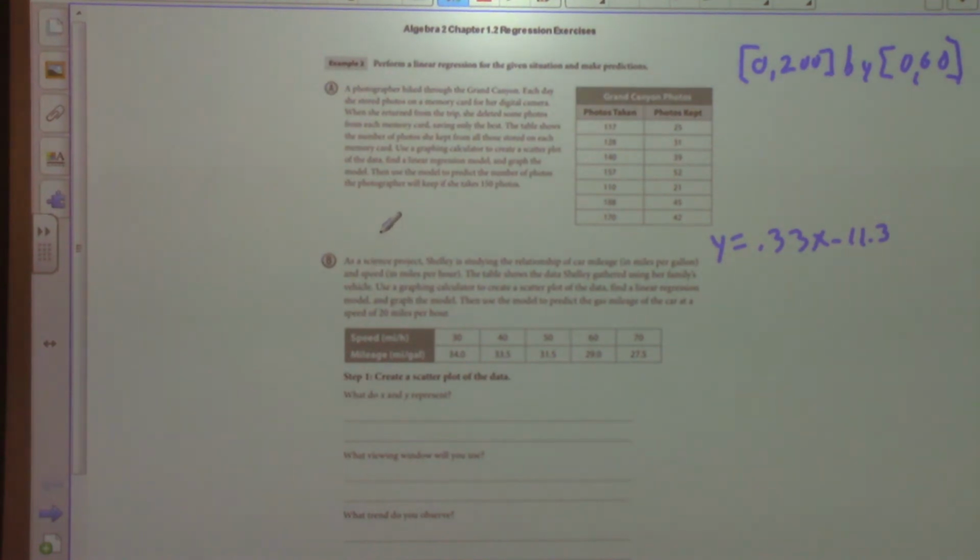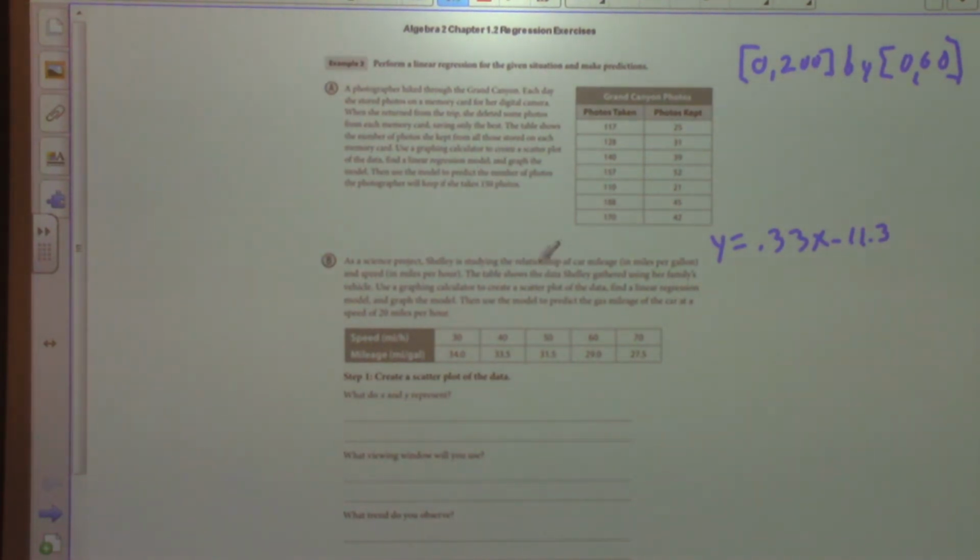What is the question? It says, use a graphing calculator to create a scatter plot. We did that. Find a linear regression model and graph the model. We did that, right? Next, use the model to predict the number of photos the photographer will keep if she takes how many?